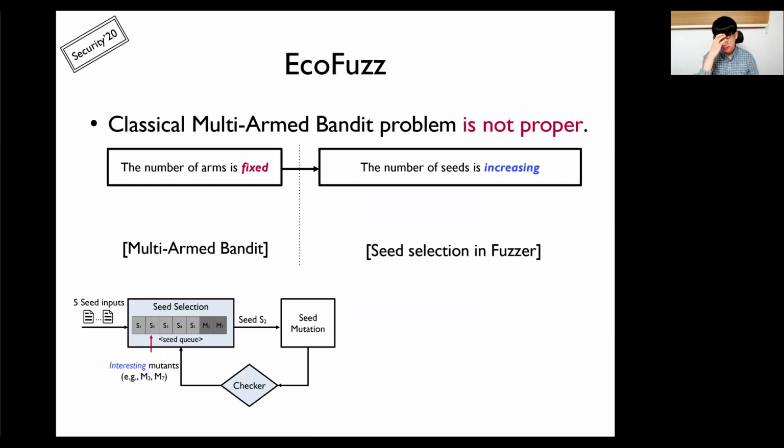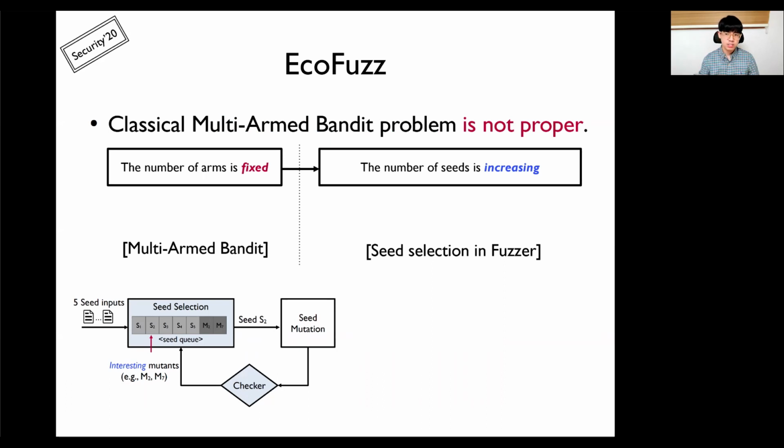However, they point out that two assumptions of the classical multi-armed bandit algorithm do not match the seed selection strategies. More concretely, the first assumption of the classical one is that the number of arms is fixed. But recall the process of mutation-based fuzzing as shown in the figure below.